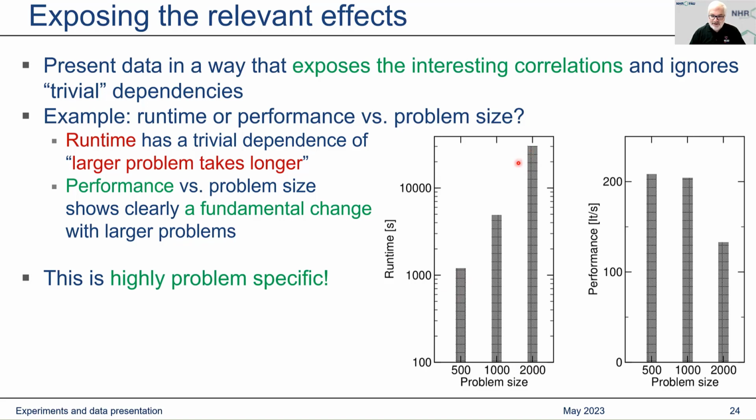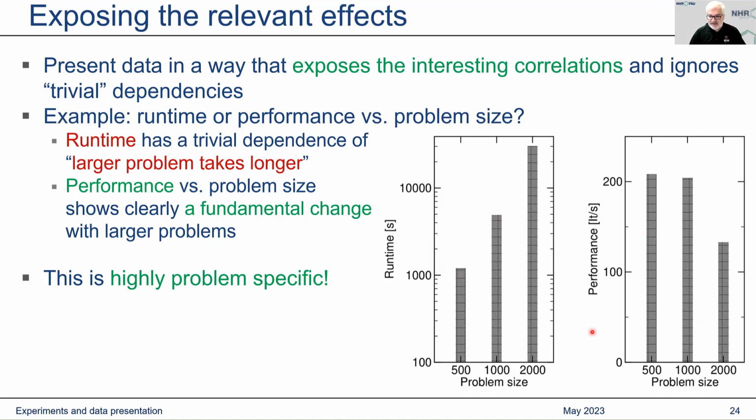But that's a problem because this trivial dependence of runtime on problem size hides the interesting effects. Of course, we see that bigger problems take longer to run. But I don't want to see that. I know that already. What I want to see is, is there any significant change in behavior when going from small to large problem sizes? And this is hidden by the log scale and this huge range of measurements.